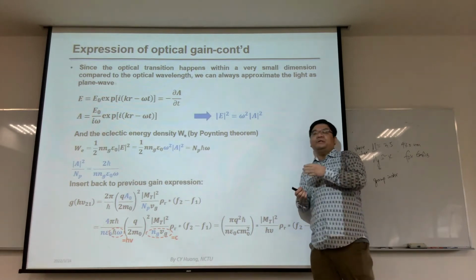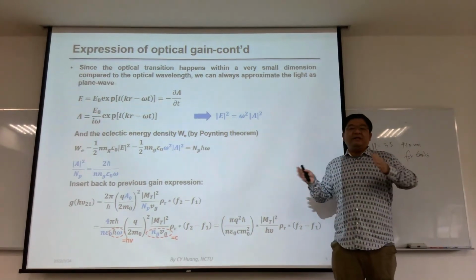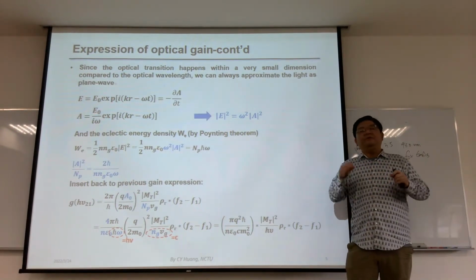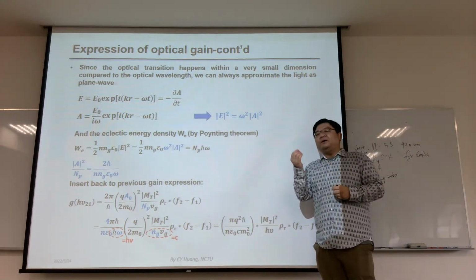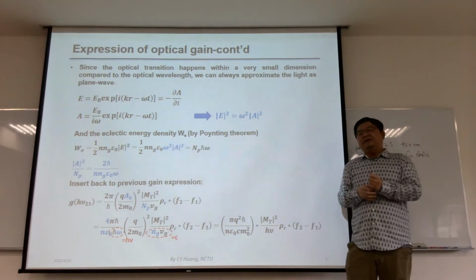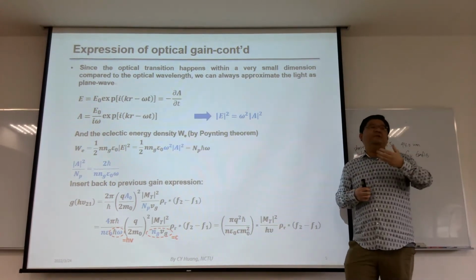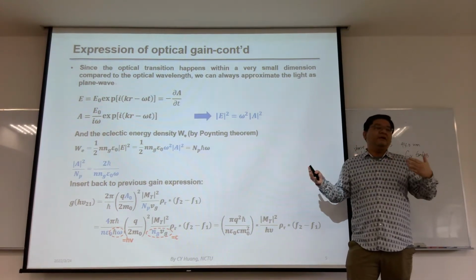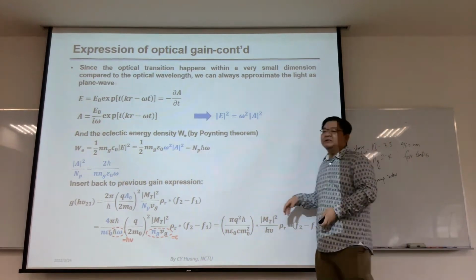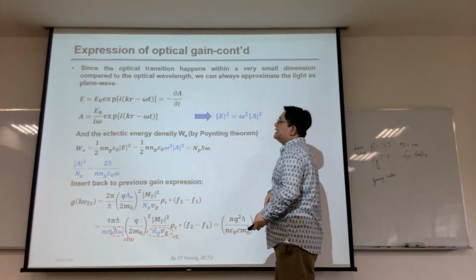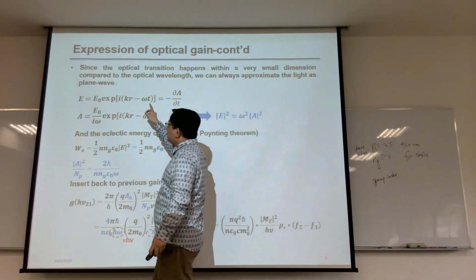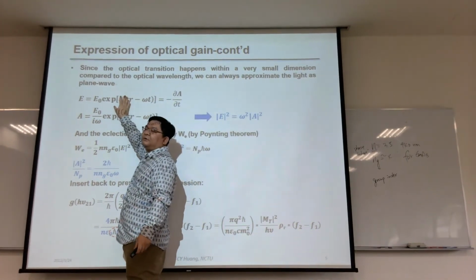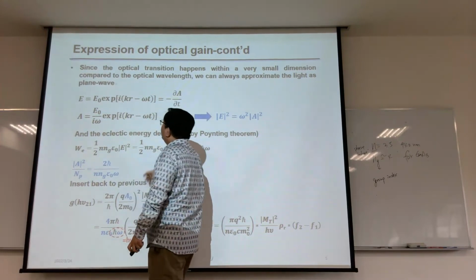While you're doing long distances, you will feel this is a plane wave, and this is a spherical wave. But for a small carrier in the solid, facing an electromagnetic wave with a wavelength much longer than itself, you can always treat it as a plane wave. That's not exact, but a pretty good approximation. So let's start with that. Just treat the light for the carrier as a plane wave.